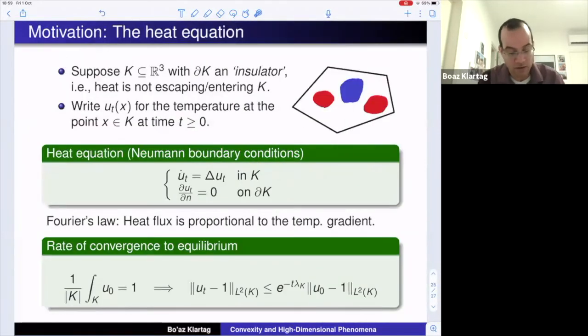Okay, there are many reasons to study this Poincare inequality, and one of them comes from the heat equation. If you consider your convex body and imagine it as a conducting body whose boundary is insulating, so heat is not escaping or entering K, and let's write u_t of x for the temperature at the point x at time t, then we have the heat equation.